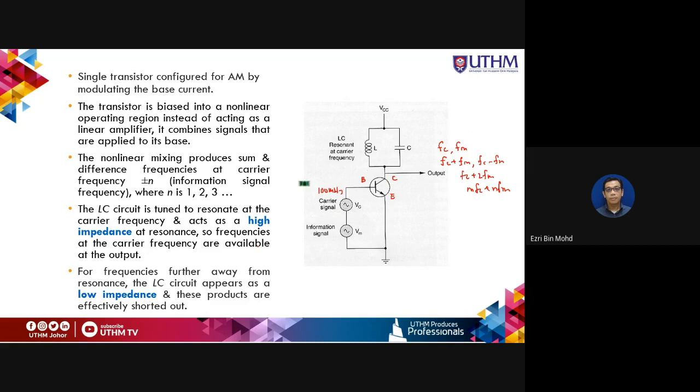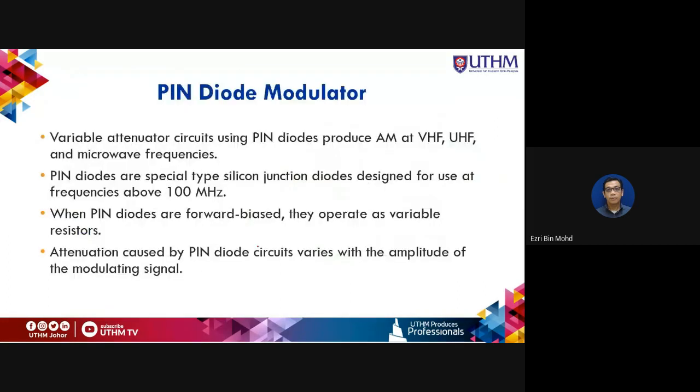Okay. Ini contoh, let's say for example carrier signal, modulating signal or information signal, so we will produce an output at the collector terminal of the transistor lah. Okay.